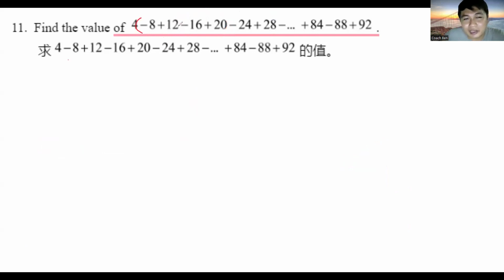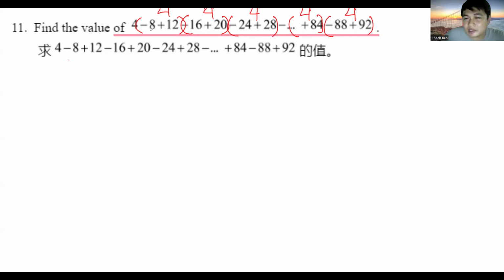So again, that is positive 4. Negative 16 plus 20 is positive 4. Negative 24 plus 28 is positive 4. Negative 88 plus 92 is positive 4. All of the pairs of numbers give you a sum of positive 4. So now all we have to do is get how many numbers there are.